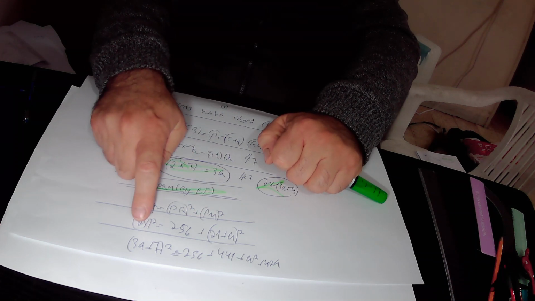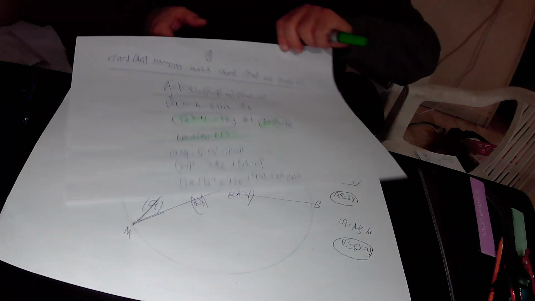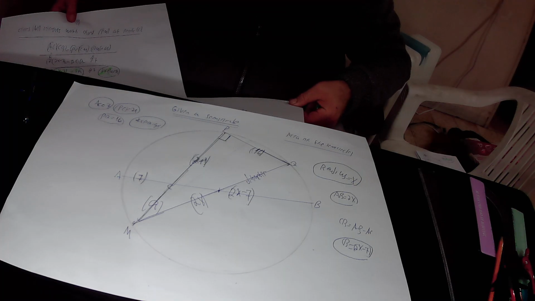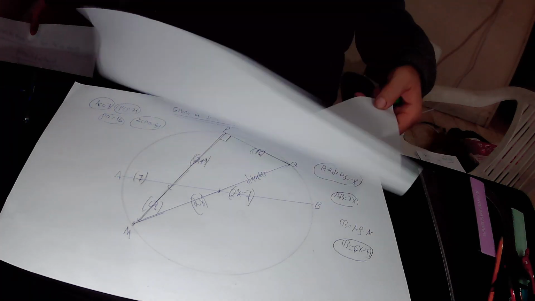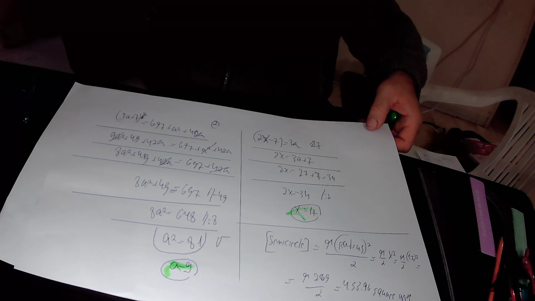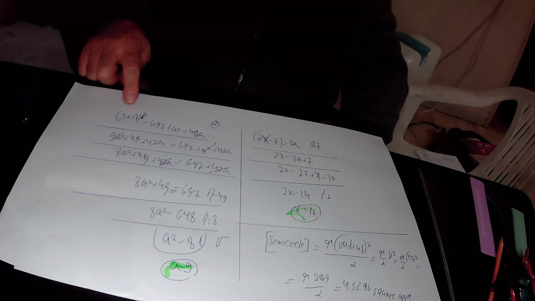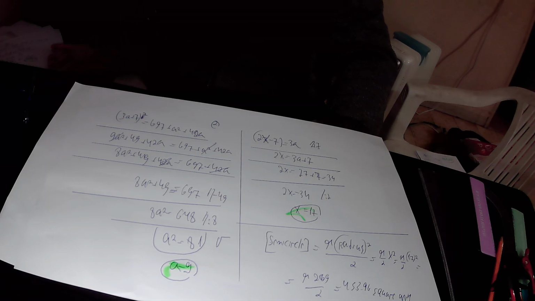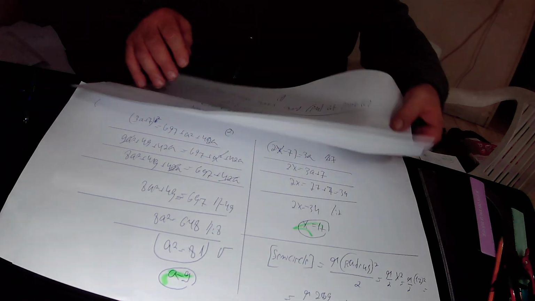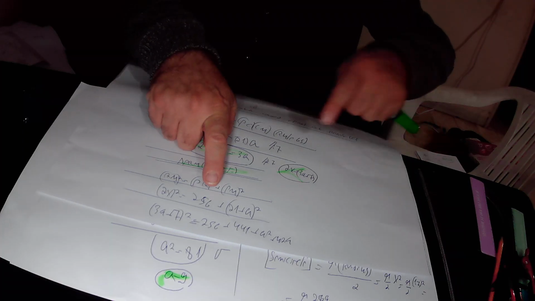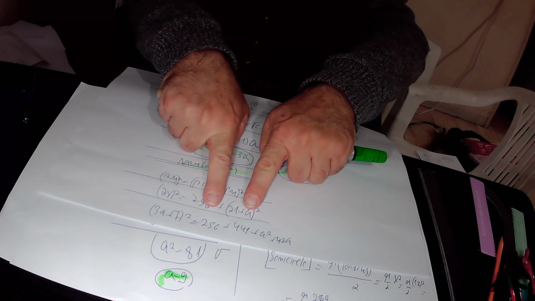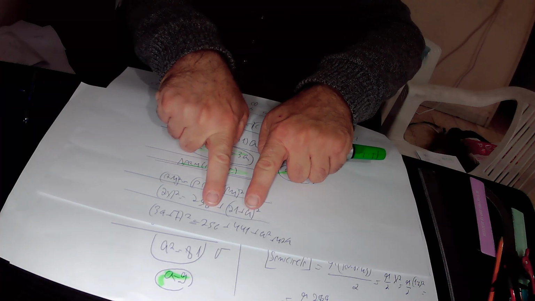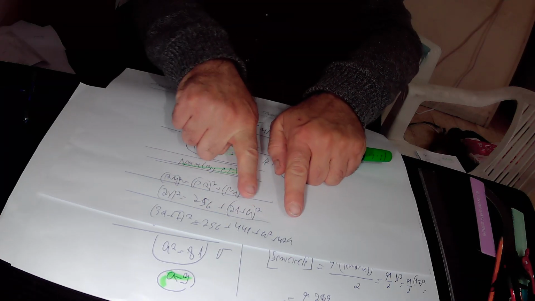So we have 3a plus 7 squared equals 256 plus 441 is 697, plus a squared plus 42a.